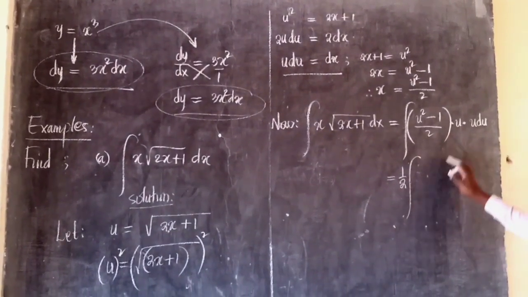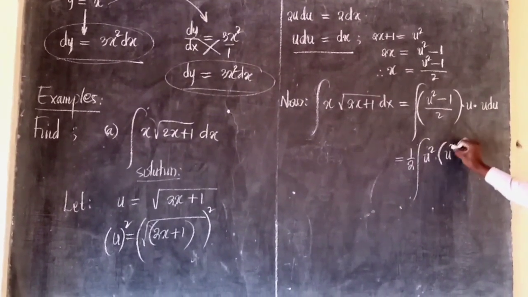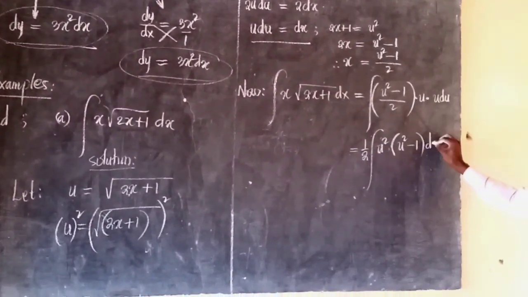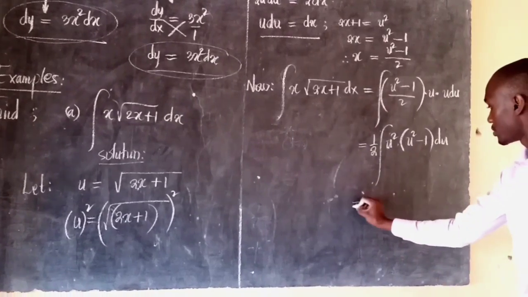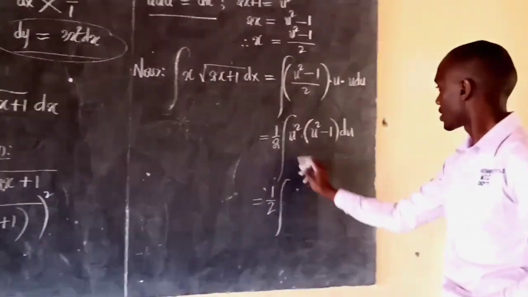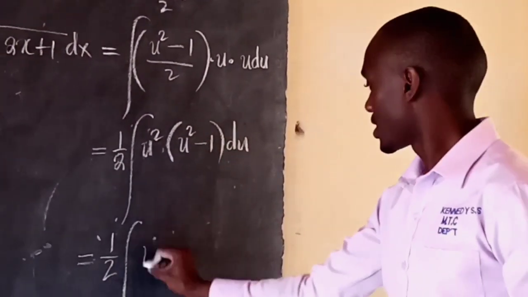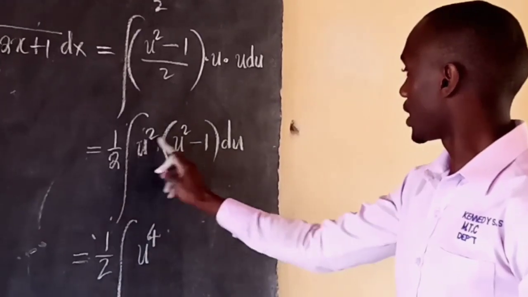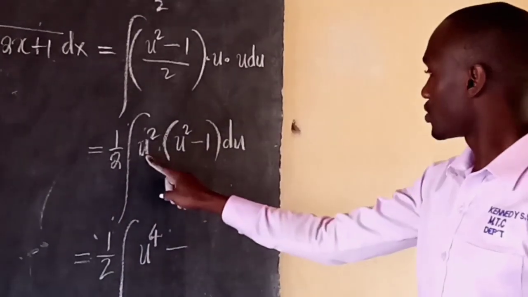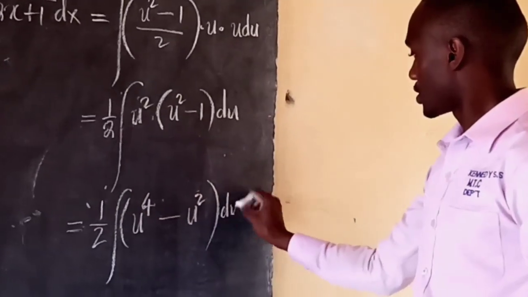This will be the integral of u times u, that is u squared, into u squared minus 1 du. That becomes a half, the integral of open brackets, u squared times u squared, indices, dear viewers, that is u power 4, add powers, minus u squared times 1, which is u squared, and that is du.